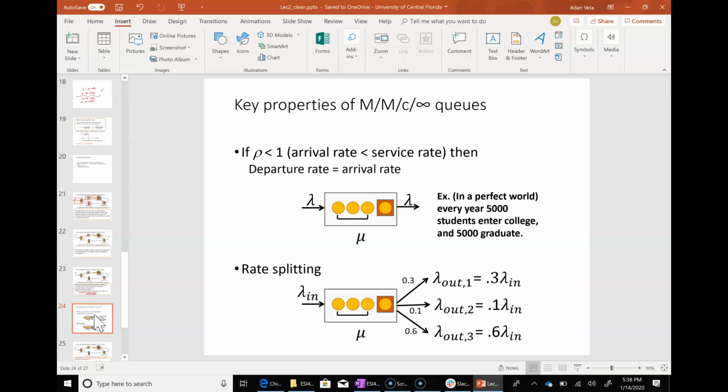You don't have one person who just stays in college infinitely. What goes in must go out. That is only true when lambda is less than c times mu. So again, this is a stability requirement.